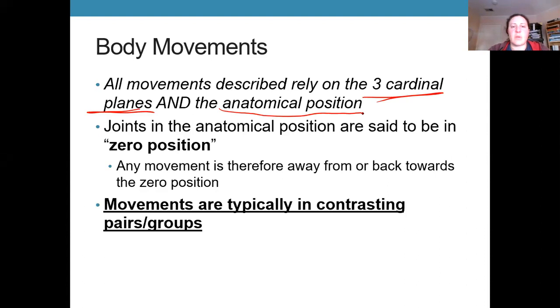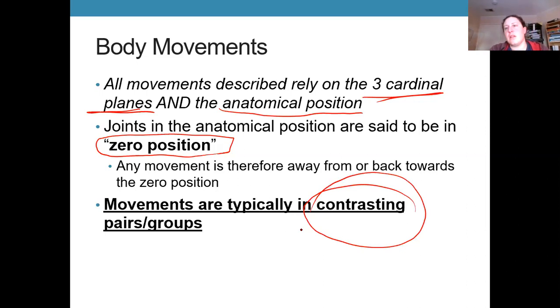When people talk about movement, they refer to the anatomical position as zero position, and movement is therefore always going to be either away from the anatomical position or back to the anatomical position. And because you're always moving away from or back to, this lets movements get paired together. So one movement goes one way and the other one returns it. So we'll look at some examples of that.